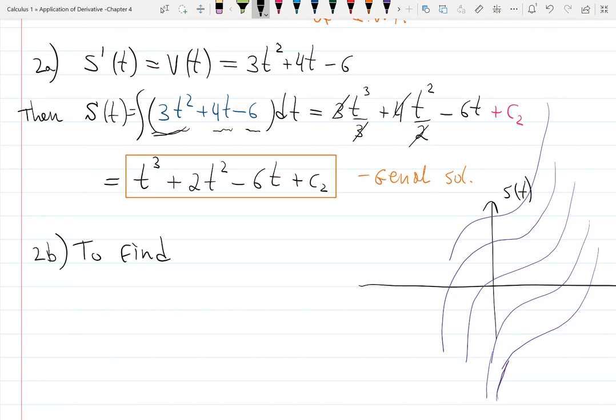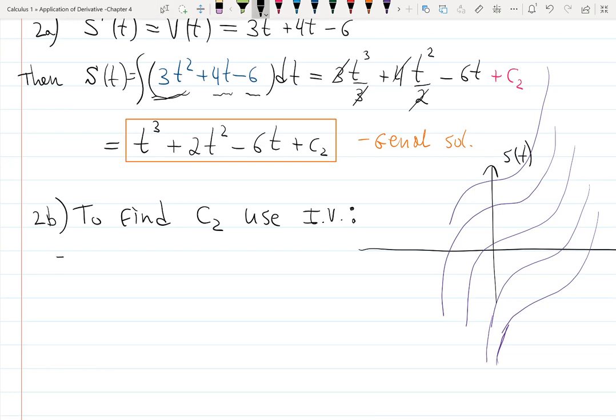To find c2, use initial value. But in this case, for s, for distance, go back into the problem and you will see that we told you that s of 0 is 9. That means when the particle started moving at time 0, the thing here inside is my t, time 0, the object was already 9 centimeters away. 9 centimeters away.